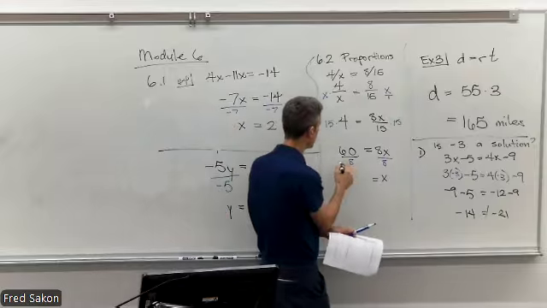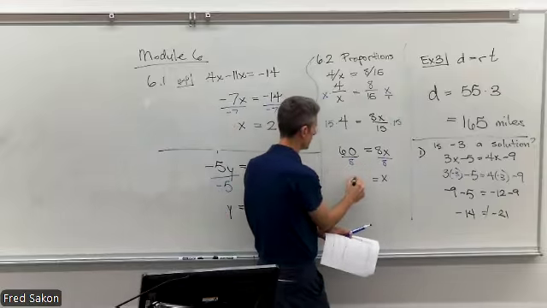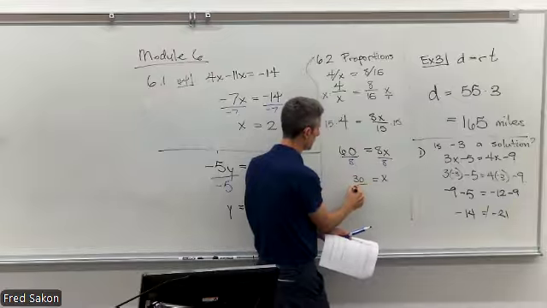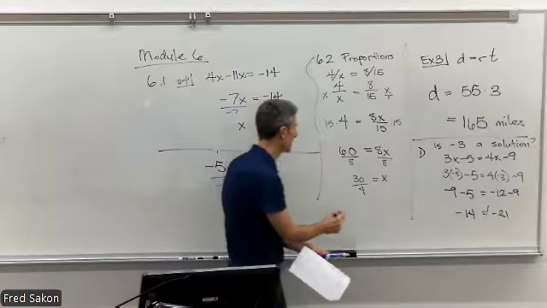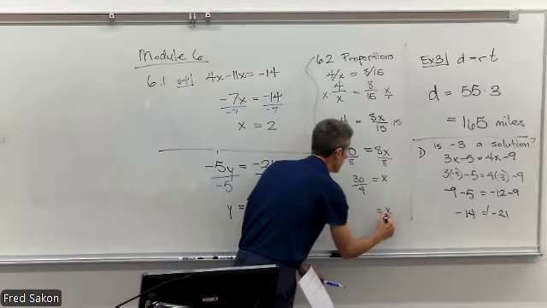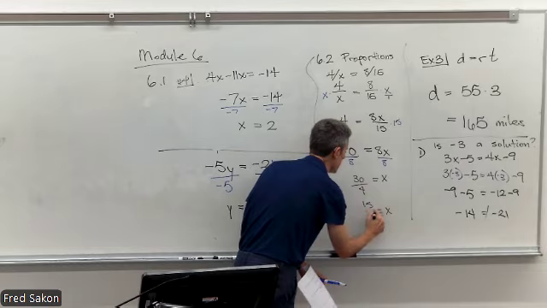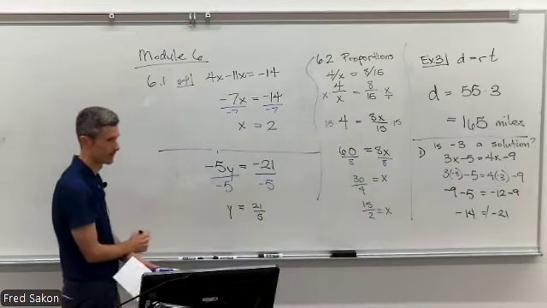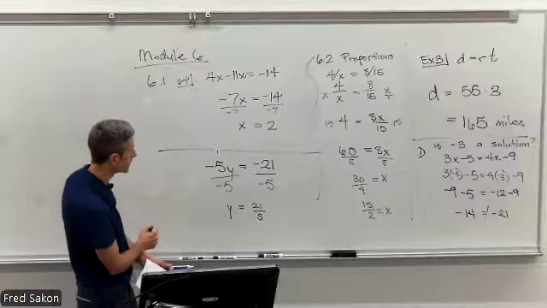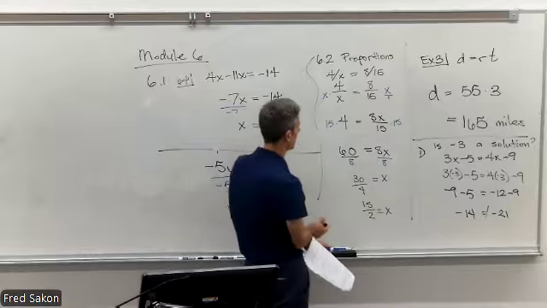So maybe you divide 2 on each. 30 over 4. Still see factors in there. So I'm going to divide 2 again. And I get 15 over 2. There we go. Those don't have any more. So 15 over 2 is what we get.